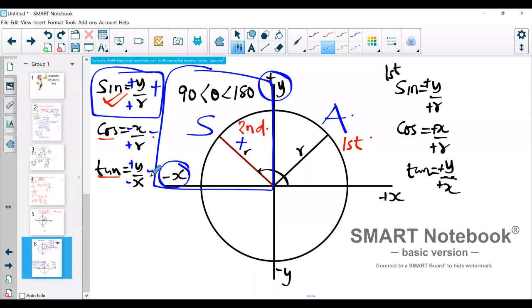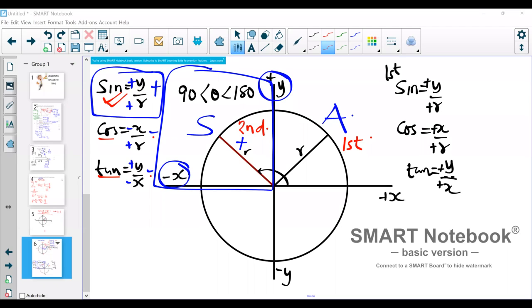I want us to check our calculators. We said our angle is greater than 90 but smaller than 180. Let's pick an example. Let's pick 120. What is sine 120? Can you see the answer is positive? Let's check cos 120. What do you see?